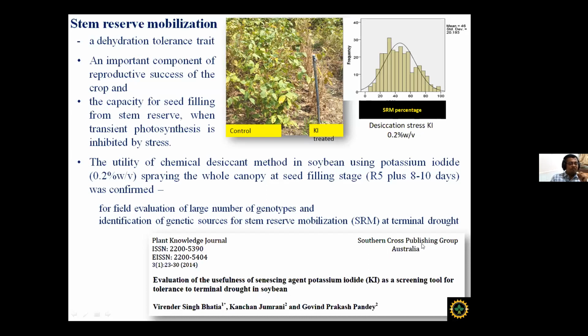The utility of the chemical desiccant method in soybean, using potassium iodide at 0.2% weight by volume, spraying the whole canopy at the seed filling stage, that is R5 plus 8 to 10 days, was confirmed at the Indian Institute of Soybean Research for field evaluation of a large number of genotypes and identification of genetic resources for stem reserve mobilization at terminal drought.